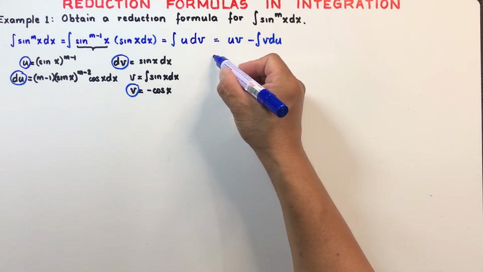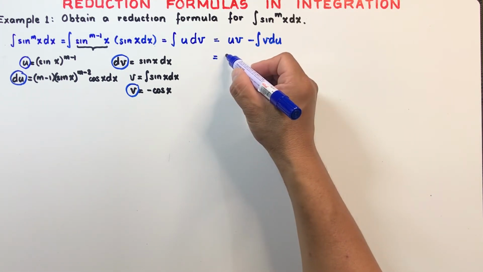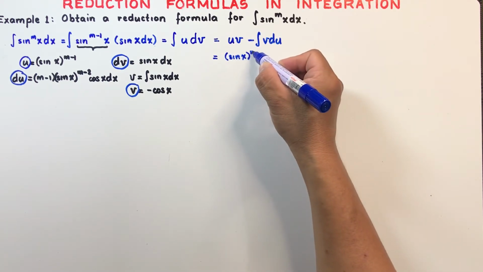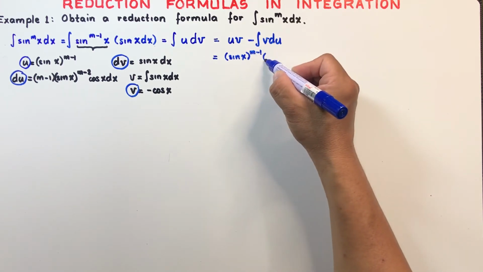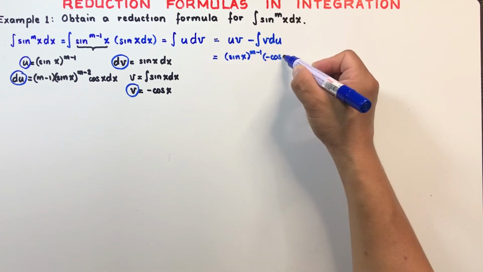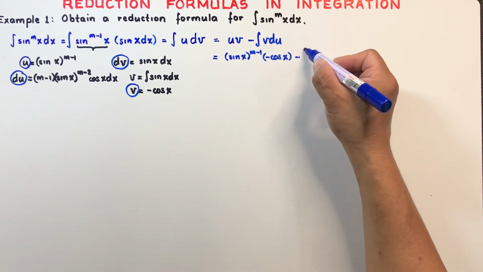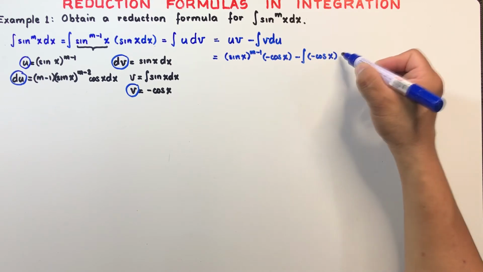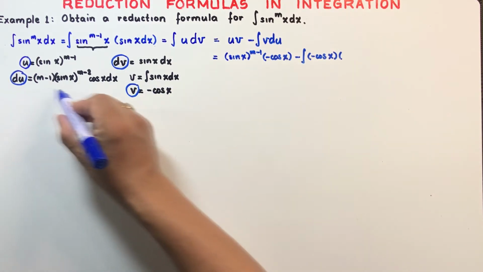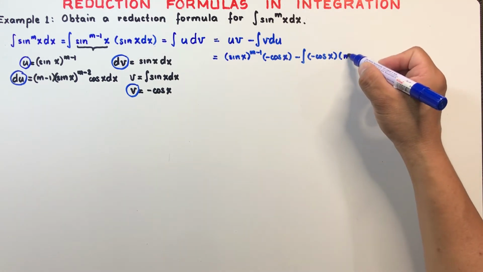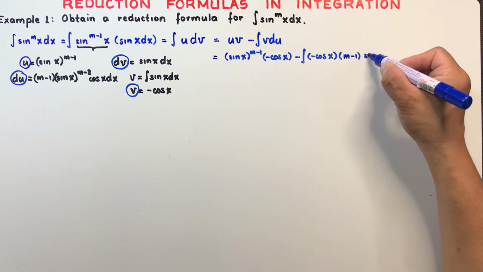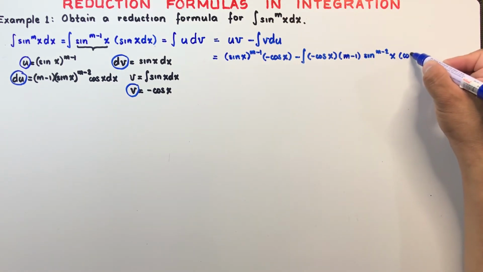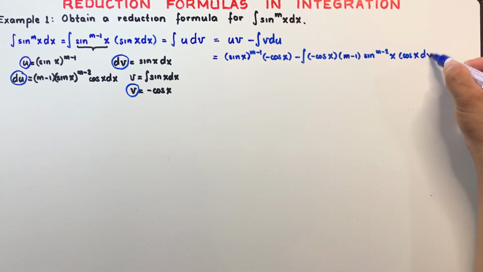So substituting our representations, we have our u, which is sine x to the power m minus 1, times v, which is negative cosine x, minus the integral of our v, which is negative cosine x, times our du, which is m minus 1 times sine to the power m minus 2 of x times cosine x dx.